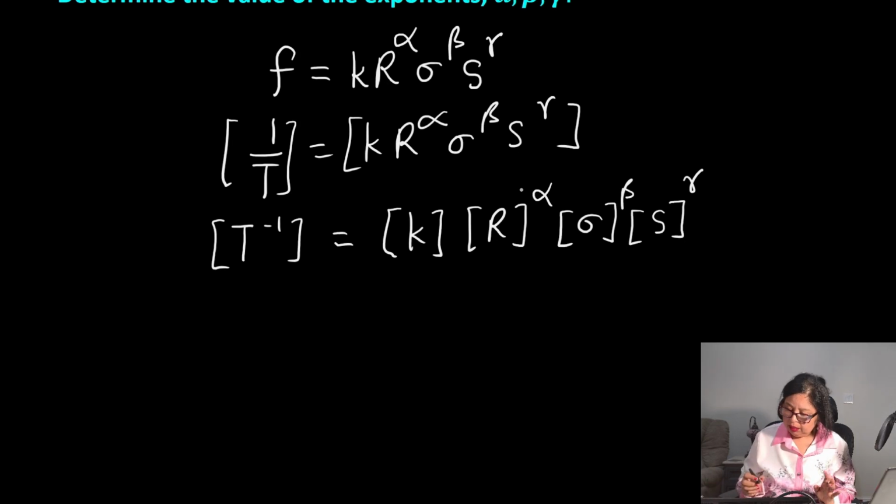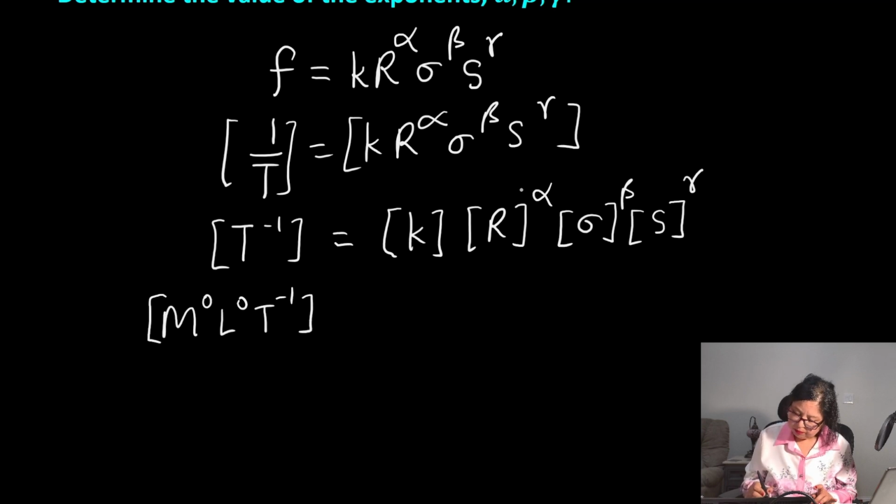Okay, now this gives me on the left hand side m0, L0, t to the power minus 1. K on the right hand side is dimensionless, so I do not need to write m0, L0, t0, but that's what you would write if you were to. It doesn't give us anything meaningful, so let's just forget about it.